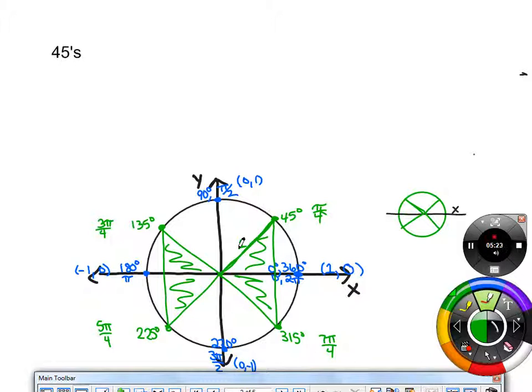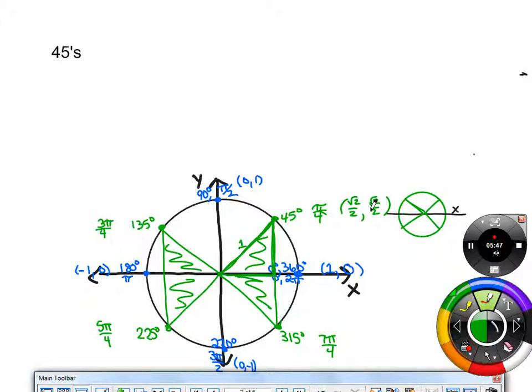Rad 2 over 2. That means this is rad 2 over 2, and this is rad 2 over 2, which tells me the coordinates at this point are going to be rad 2 over 2, rad 2 over 2. Right? We already solved the triangle, correct? Now, let me ask you a question. What is the sine of 45 degrees?